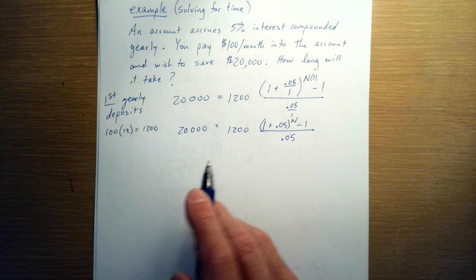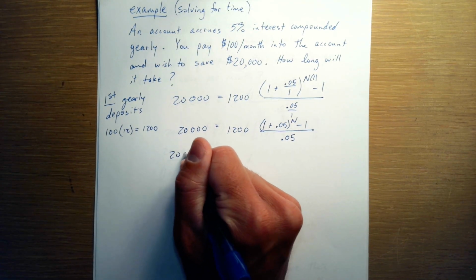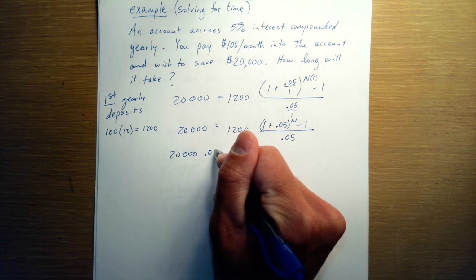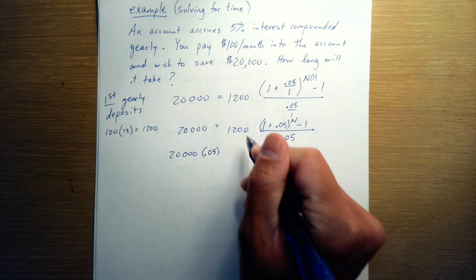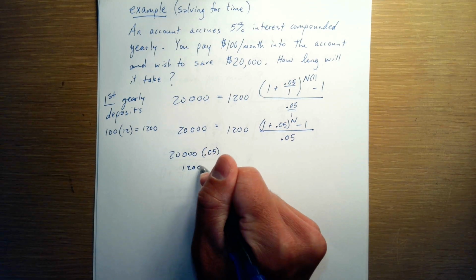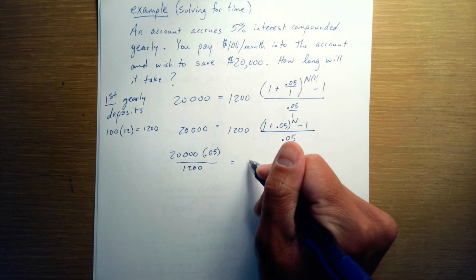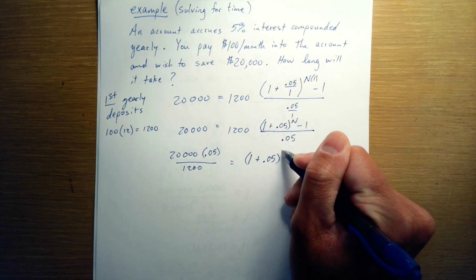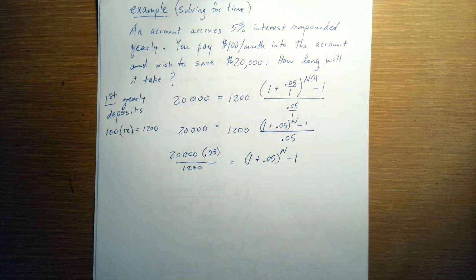The 1,200 I can divide, so I'm going to do 2 steps in one. I'm going to multiply each side by 0.05, and I'm going to divide each side by 1,200. To end up with that.